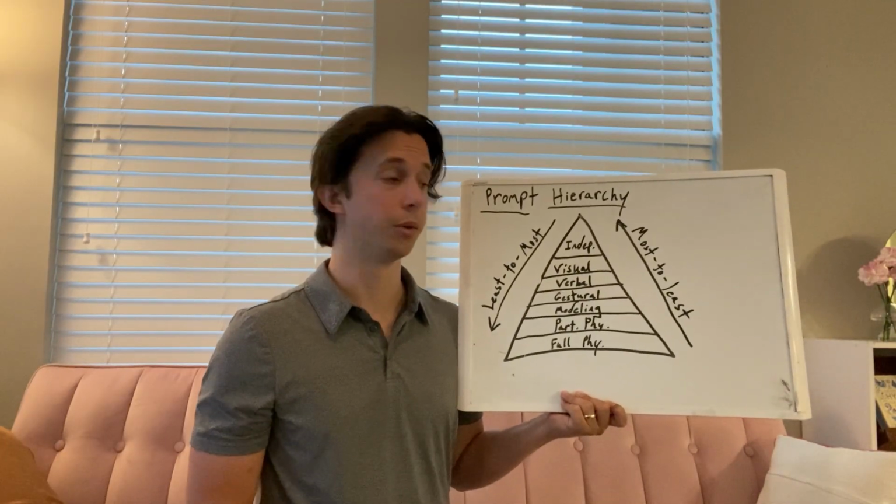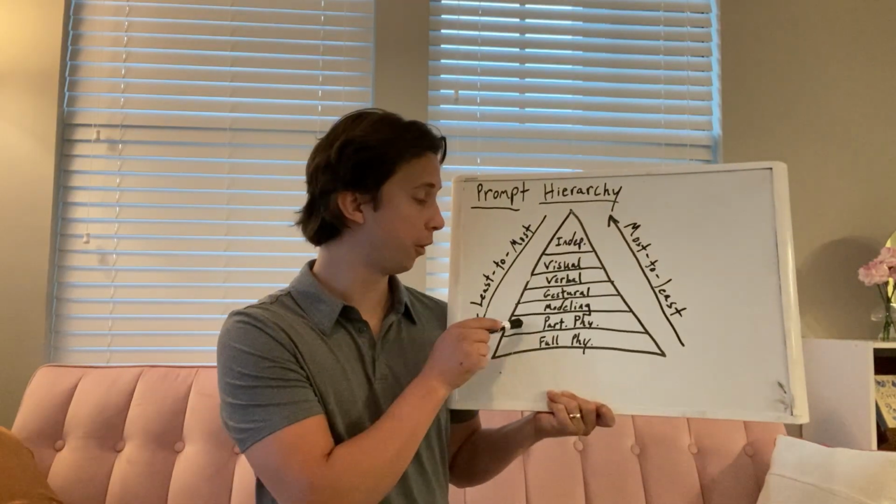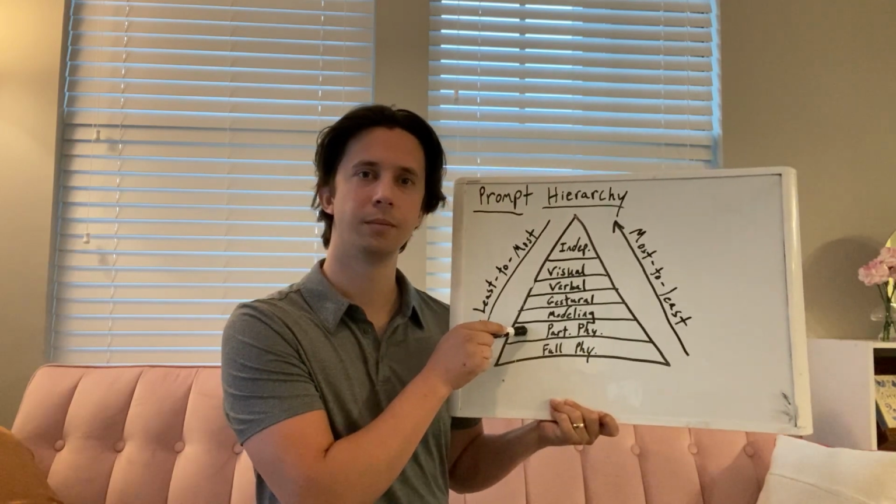The next most intrusive on the prompt hierarchy would be partial physical prompting. Partial physical prompts are very similar to full physical prompts, only they're less intrusive in the way that instead of doing full hand over hand, you're simply lightly physically guiding their hand.